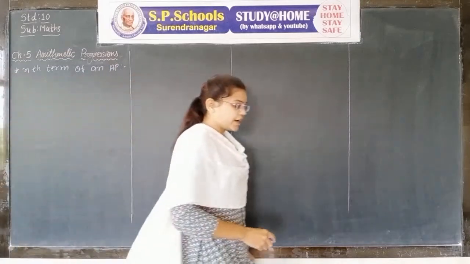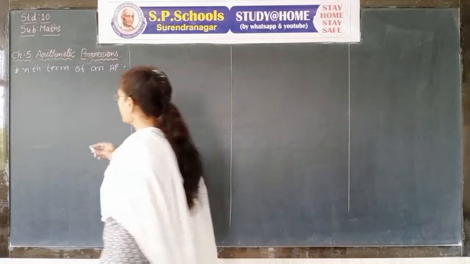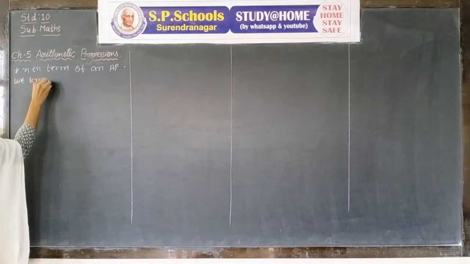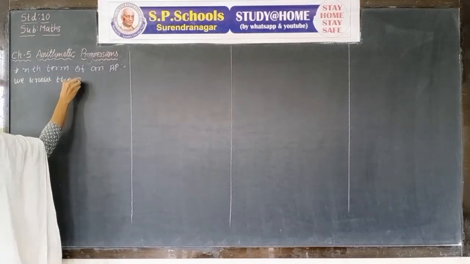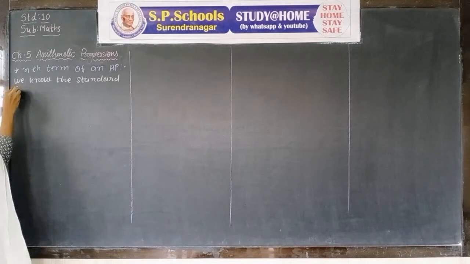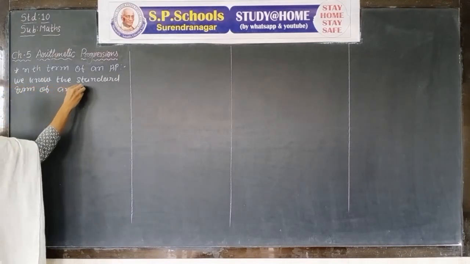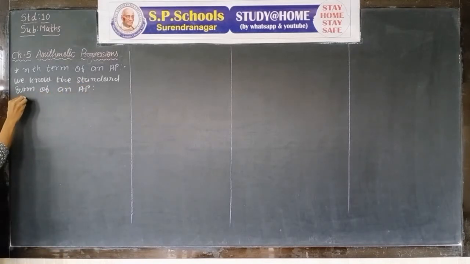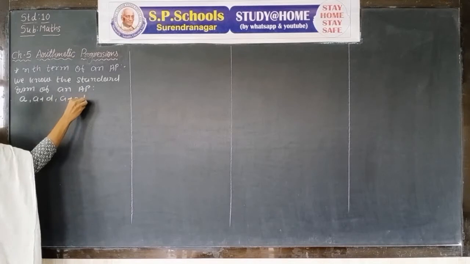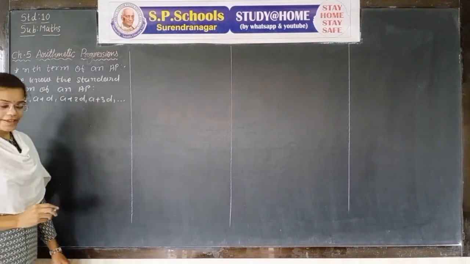As we know the standard form of an arithmetic progression: a, a plus d, a plus 2d, a plus 3d, up to infinite.